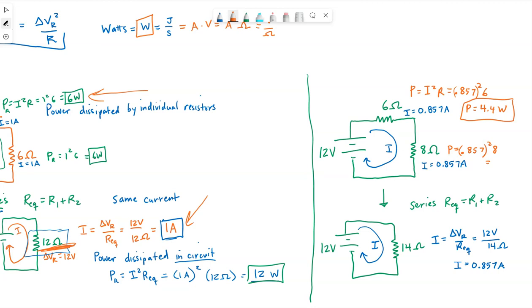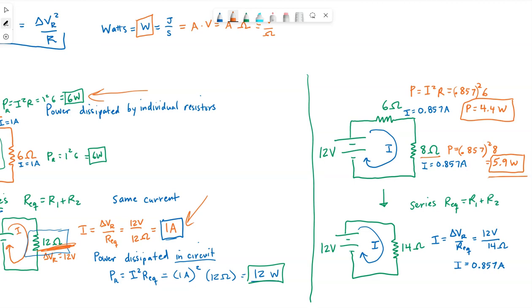I'm getting 5.9 watts. So this 8 ohm resistor has a larger power because it has the same current as the 6 ohm resistor, but it also has a larger resistance.